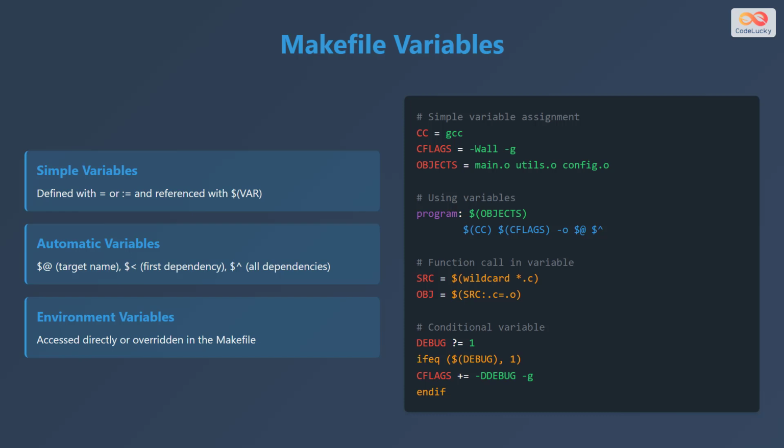Automatic variables are special variables that have values depending on the context of the rule being executed. Examples include $@ which represents the target name, $< which represents the first dependency, and $^ which represents all dependencies. Finally, you can also use environment variables directly within a Makefile. These can also be overridden within the Makefile if needed.